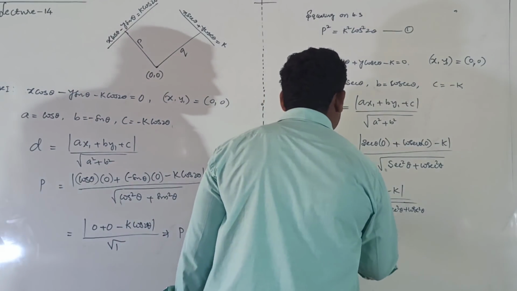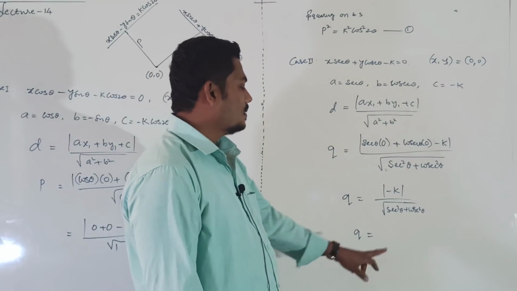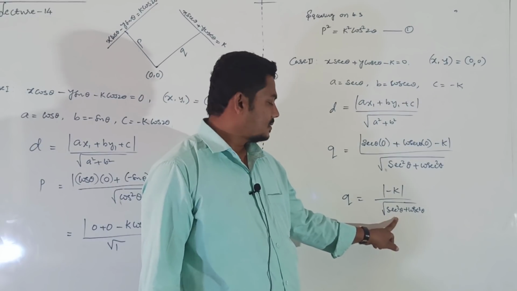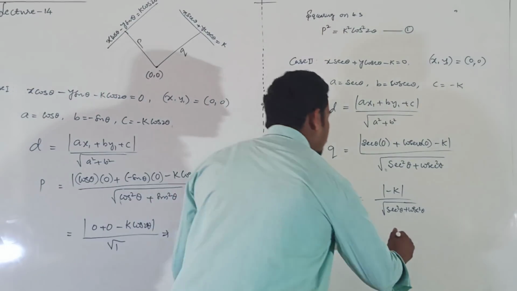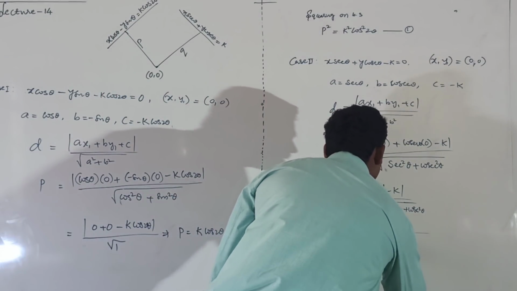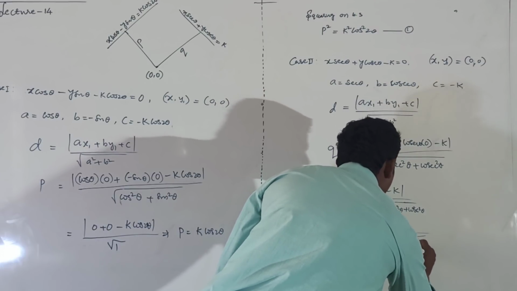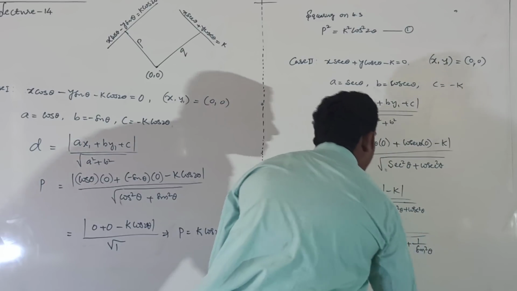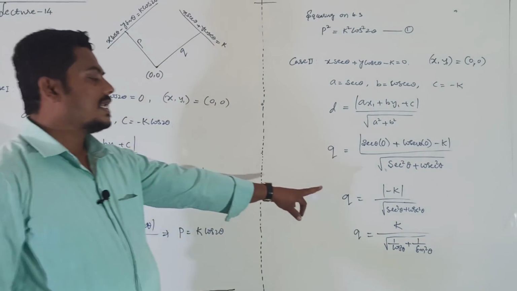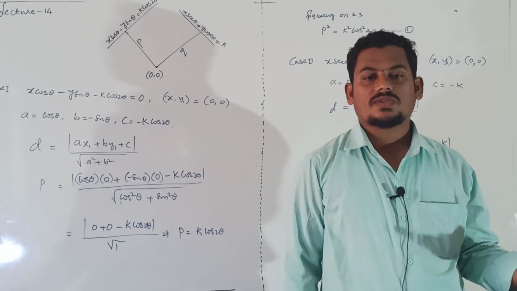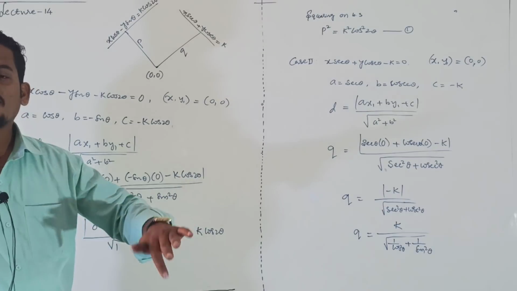Q is equal to, then just simplify, just write secant square as its reciprocal ratio, right? K divided by square root of 1 divided by cos square theta plus 1 divided by sin square theta, right? There is no identity for secant square plus cosecant square. So simply write secant square as 1 by cos square and cosecant square as 1 by sin square.